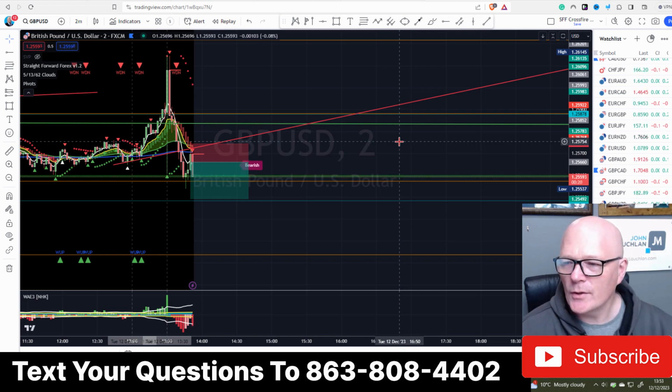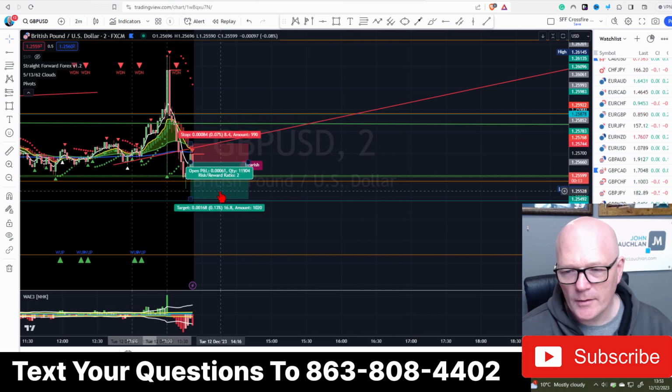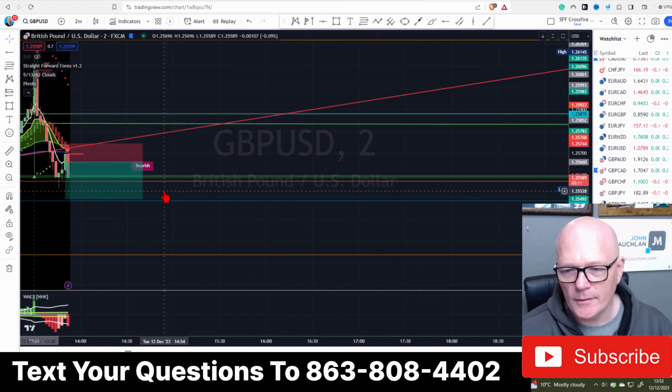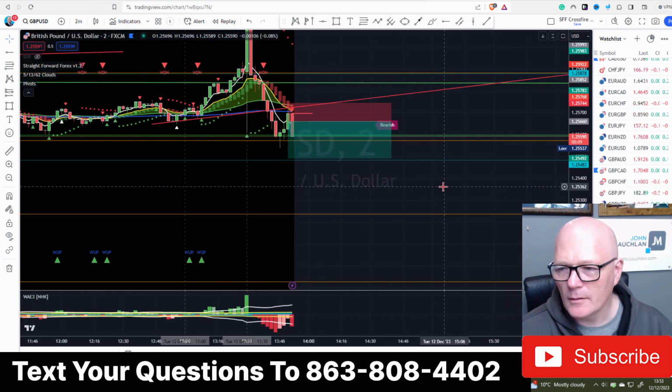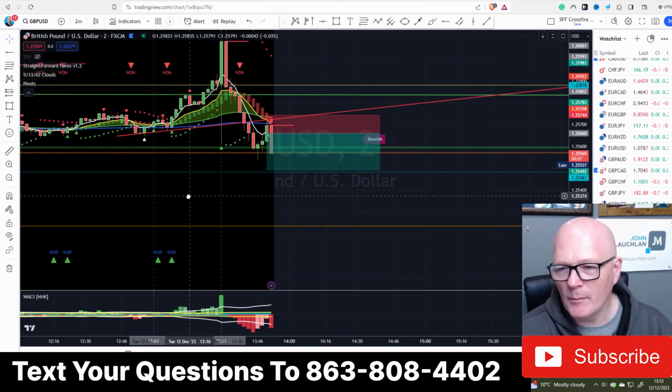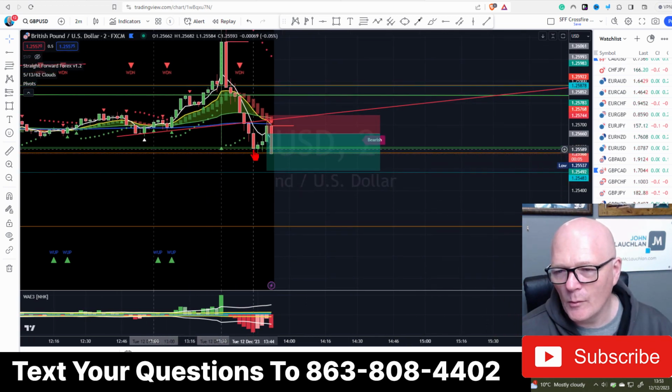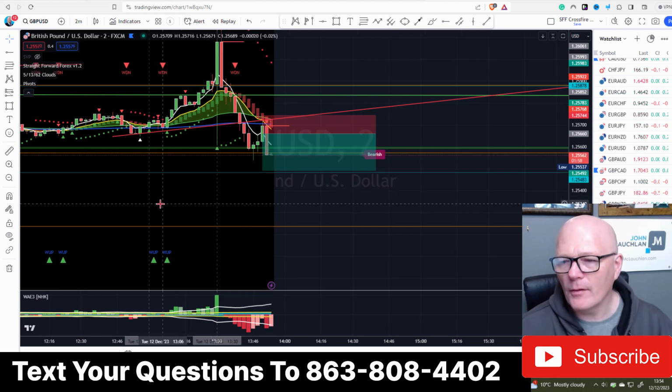So again, we're touching that imbalance. It was only a tiny bit of imbalance, but like I said, look at the previous candles. Here it formed resistance. Now, had we not put that imbalance on, we might be looking at this going, well, why is price stopping there? I don't understand. Well, look, it's imbalance. So it's gone through it.